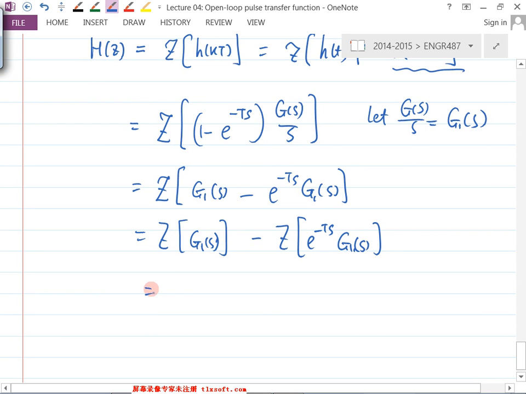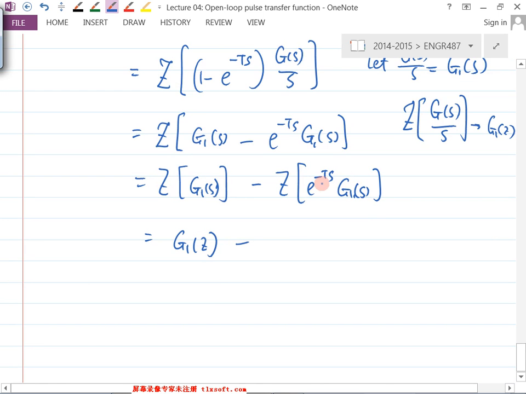Ultimately, this gives me g1 of z. And what is g1 of z? It's the z operating on this guy, so the operation is e to the power of negative Ts times g1 of s.